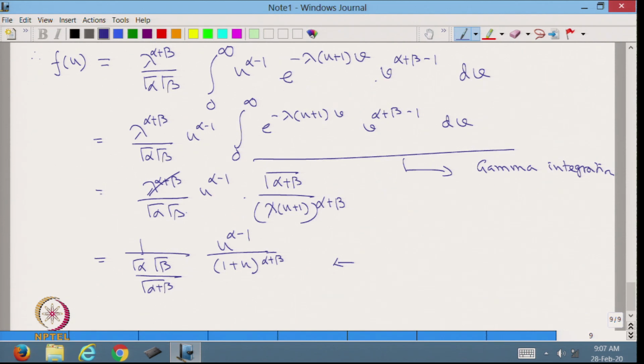So, this is our beta 2 distribution with parameters alpha and beta.